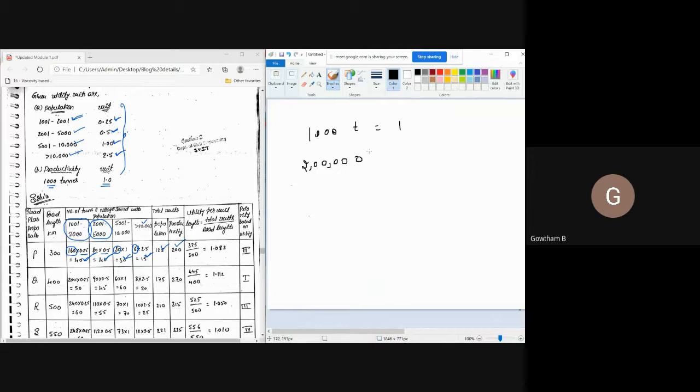For 2 lakh tons, how much is it? By seeing only you can tell. For 1000 tons it is equal to 1. For 2000 tons it is equal to 2. For 3000 tons it is equal to 3. For 1 lakh tons it is 100. And for 2 lakh tons it is obviously equal to 200. That's what I substituted here. Utility unit for the product 2 lakh tons is equal to 200.